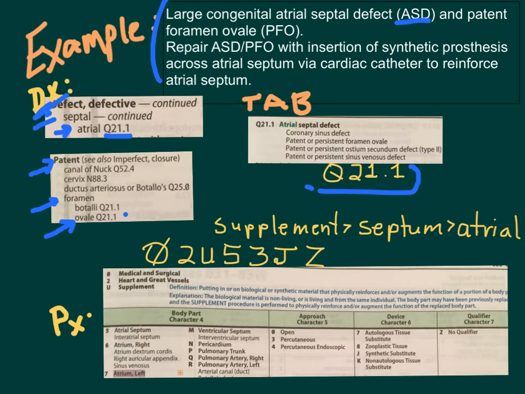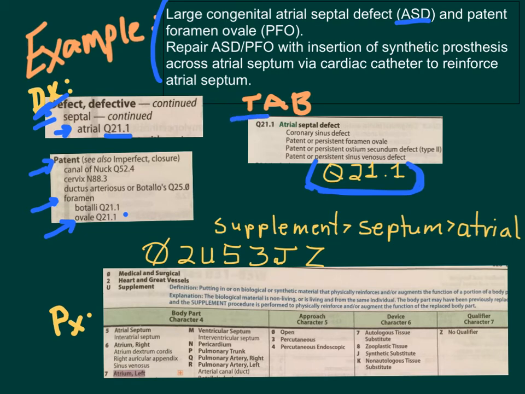ASD is when the tissue between the chambers fails to form. It's considered a congenital anomaly. PFOs only occur after birth, where that opening fails to close between those two upper chambers. But you can see here, it's coded to the same code, so it's all okay.